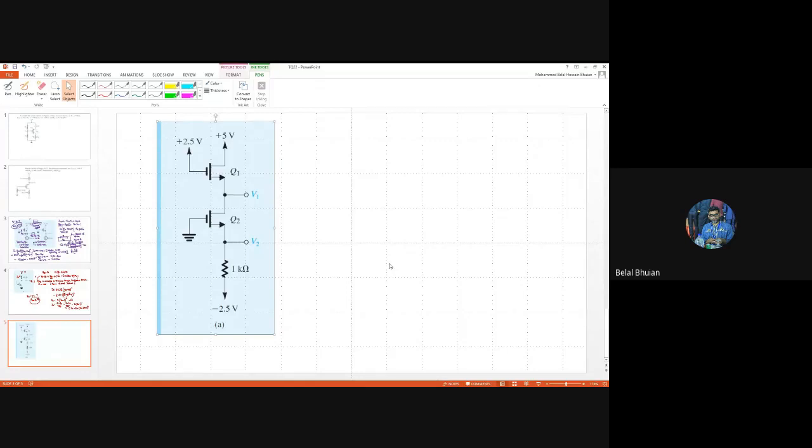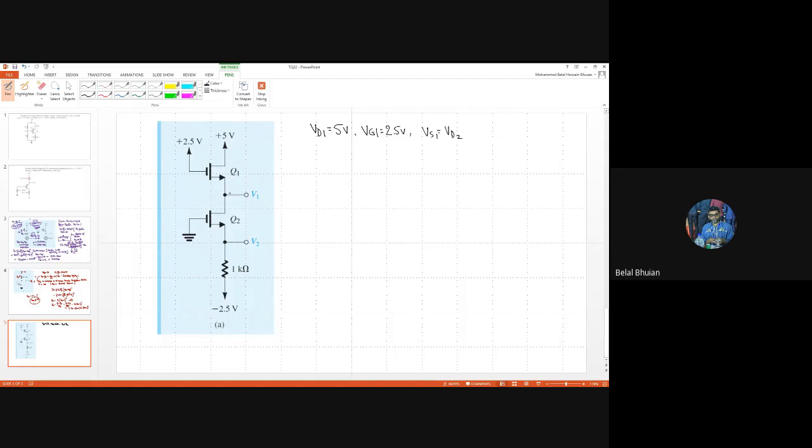Okay. So in that case as well, we have two MOSFETs connected this way, Q1 and Q2. For Q1, let's say VD1 is equal to 5 volt, VG1 is equal to 2.5 volt, and VS1 is equal to VD2.